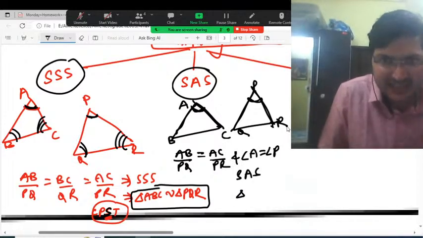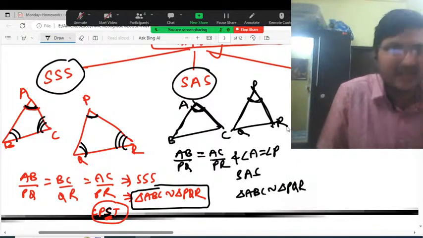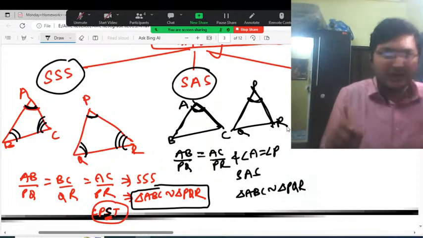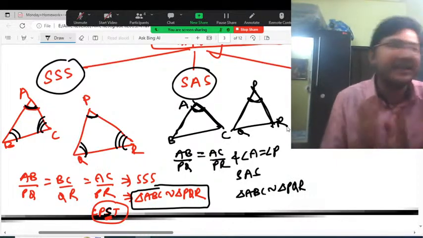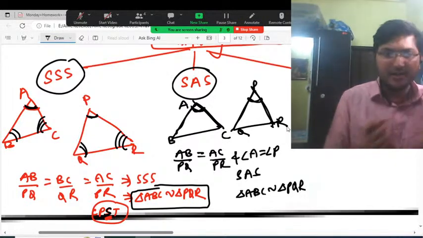And once they are similar, we can also conclude about other parameters. We can now conclude that BC and QR should also have the same ratio, and angle B should also be equal to Q, C also equal to R.